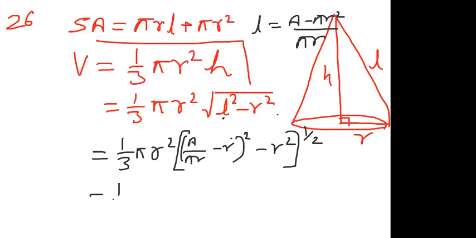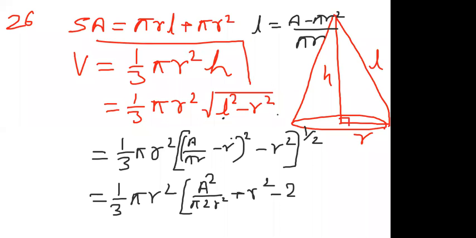It will become 1 by 3 pi r square. If at any time there is any confusion, you can raise your hand. It will become a square upon pi square r square, plus r square minus 2a upon pi r into r minus r square. This will get cancelled.